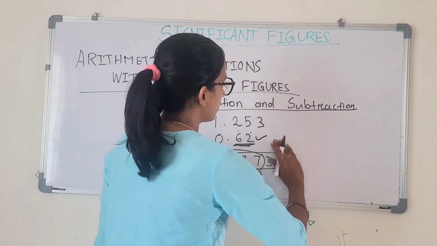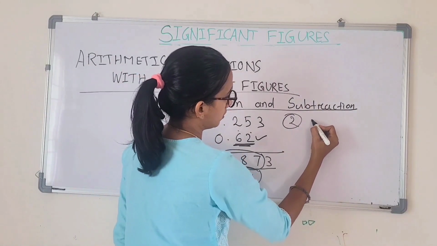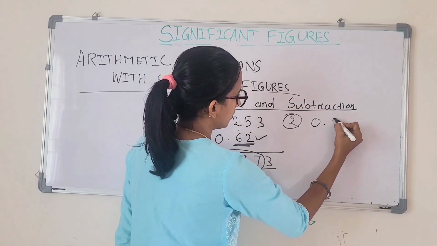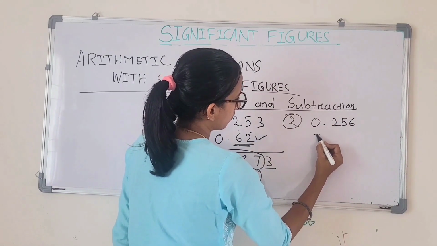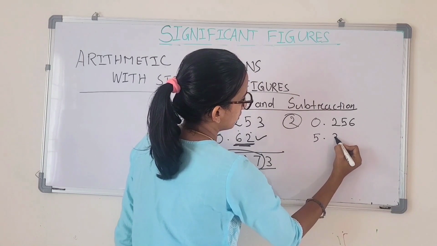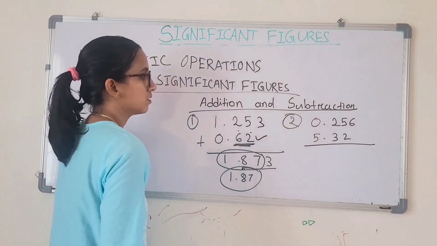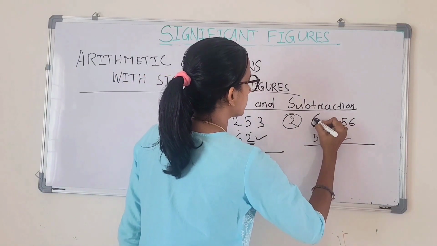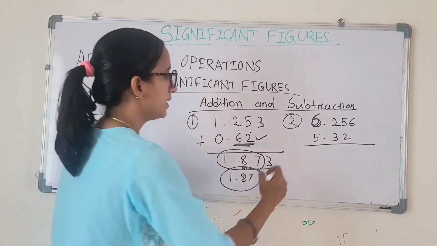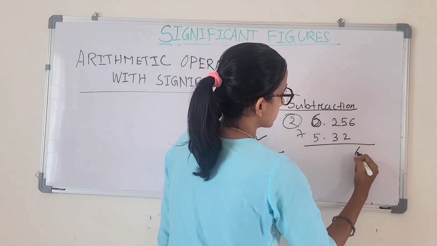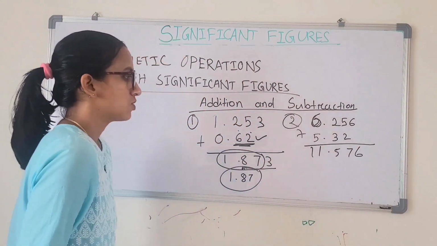Suppose I give you another example. Suppose you have to add 0.256 with 5.32, and let it be 6.256 for the integer part. When we add, we get 11.576.